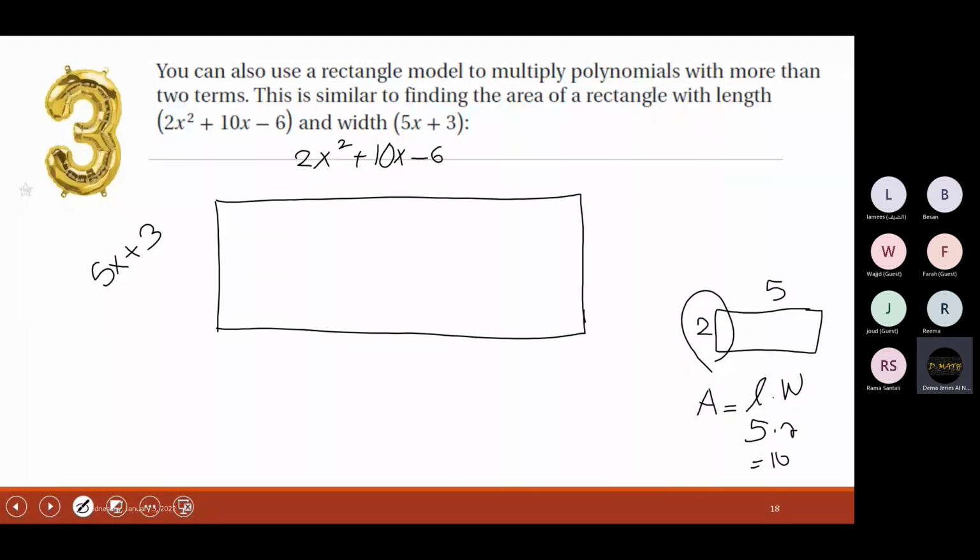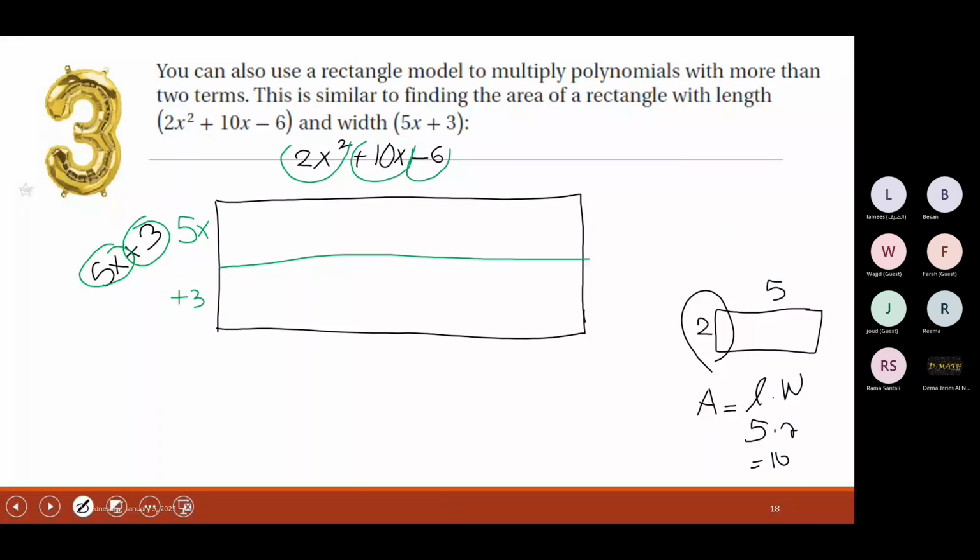You have two terms, 5x and plus 3, so you write them here. In the length we have three terms: the first is 2x squared, the second is positive 10x, and the third is negative 6.